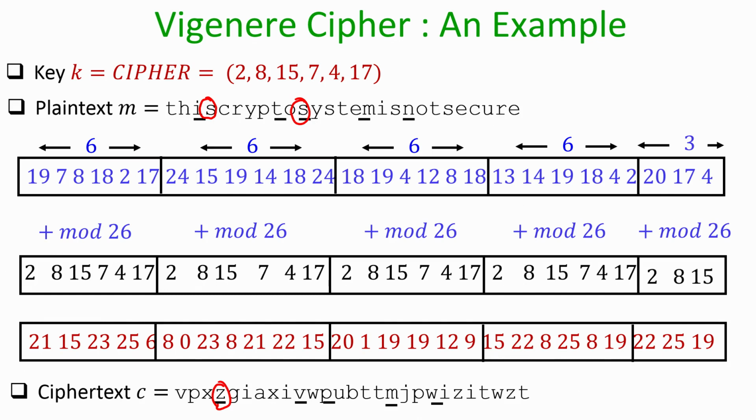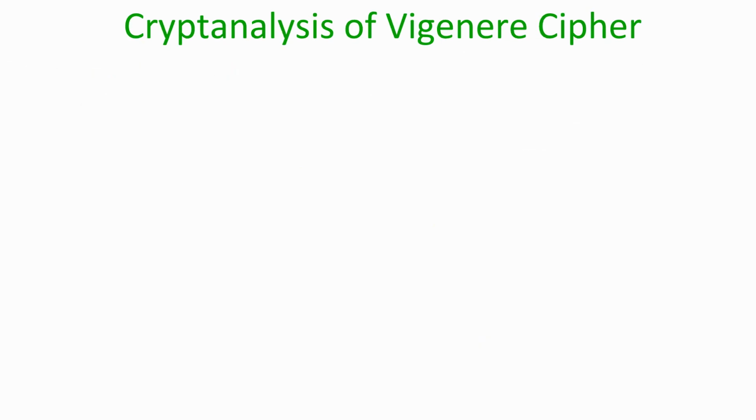The amount of shift will not be the same across all the instances of the letter S, because that depends upon the position of the letter S as well as the value of the key character used for shifting that instance of S. As a result, we are disturbing the pattern between the plain text and the ciphertext characters. That means we can no longer say that the most frequently occurring ciphertext character corresponds to the most frequently occurring plain text character, and so on.